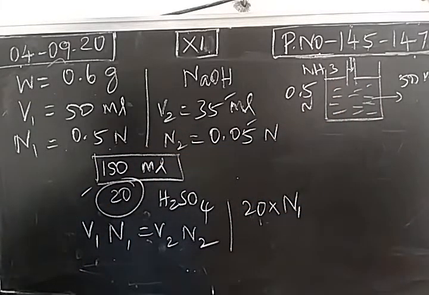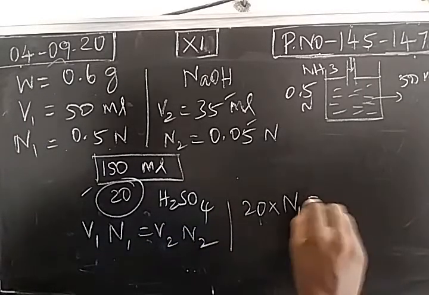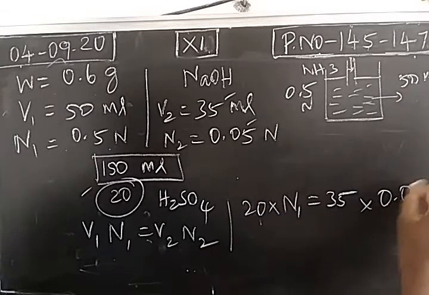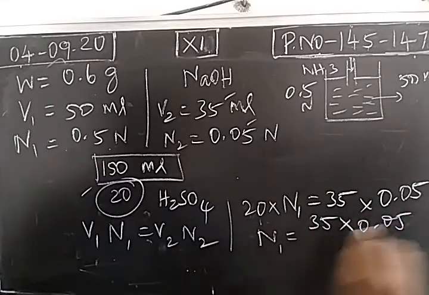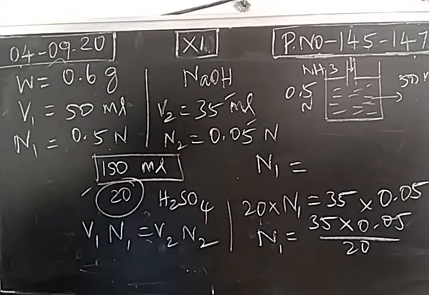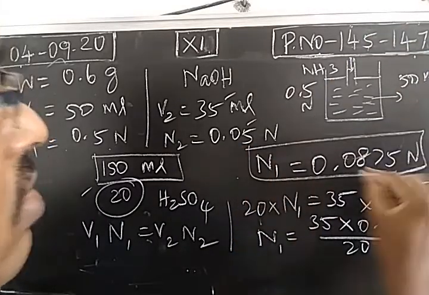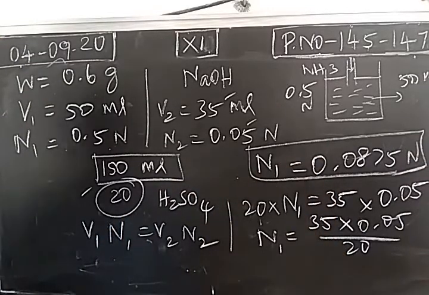That can be calculated. 35 ml sodium hydroxide is required to neutralize this, and the concentration of sodium hydroxide is 0.05. So N1 is equal to 35 into 0.05 divided by 20. N1 value is 0.0875 normal. This is the concentration of the diluted sulfuric acid.